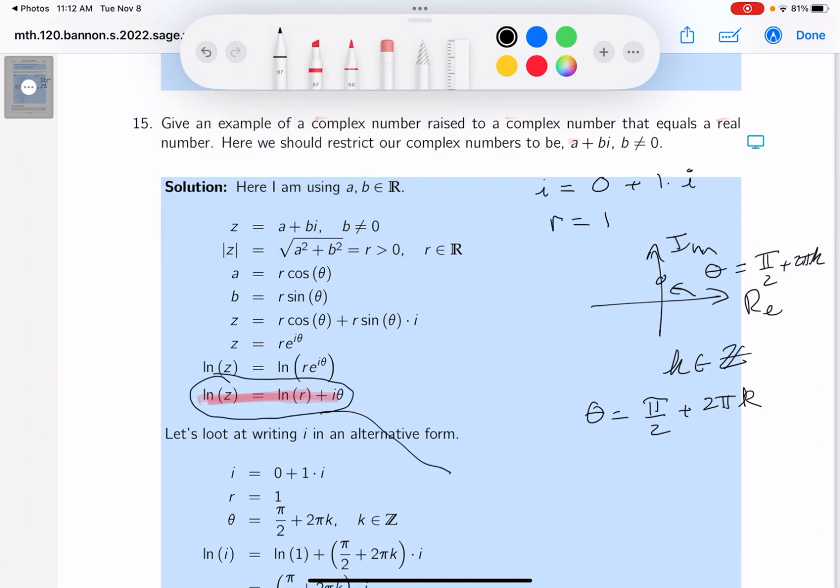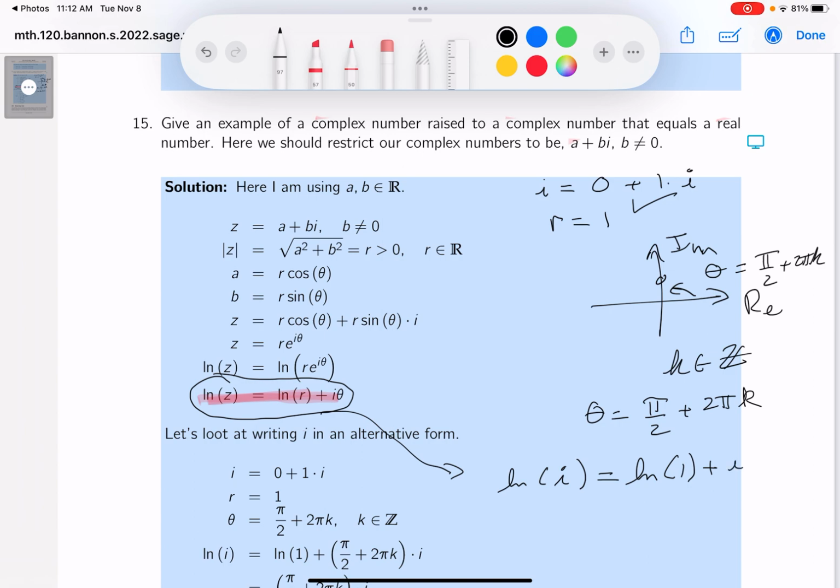All right, put that over here. So you can get the natural log of i, we're dealing with i, by the way, equals the natural log, well, what's the r? The r is 1, plus, well, be careful here, it's going to be i theta, right?